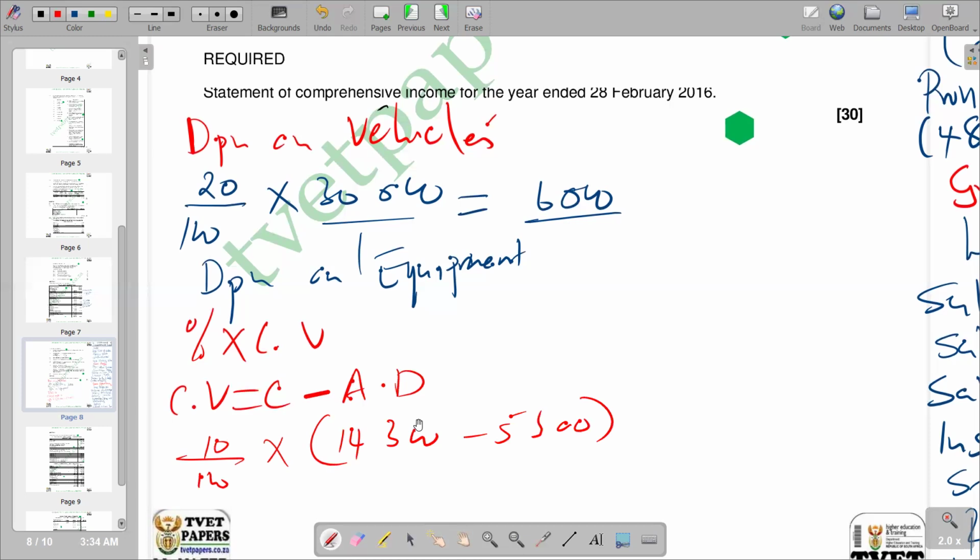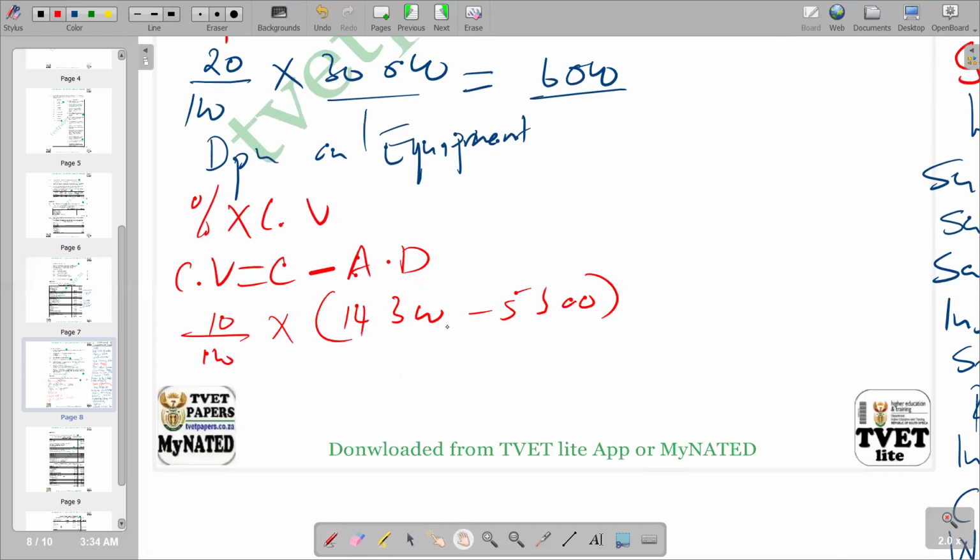So we simplify it further by saying 14,300 minus 5,300, and you get 9,000. So it becomes 10%, or 0.1, times the difference of 9,000, and the final answer is 900.